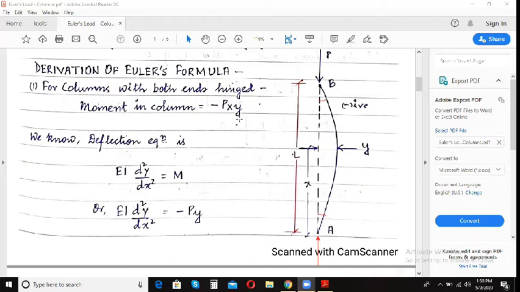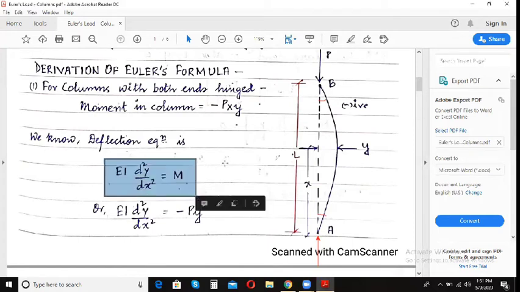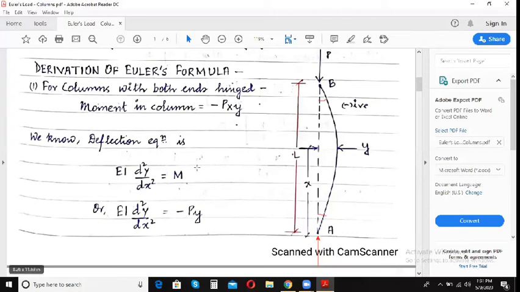Now, after you have determined the moment which is acting on the column, that is minus Py, we have to take into account the equation for deflection, right? Now this is the equation for deflection. And how has this equation originated?